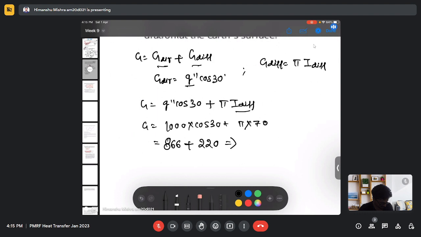So my total radiation is 1086 watt per meter square.